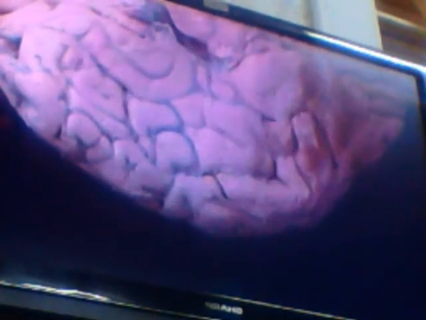Although the brain has all these sulci and projections, it is not uniform in terms of the histology.